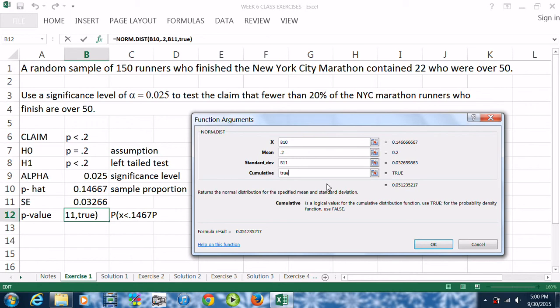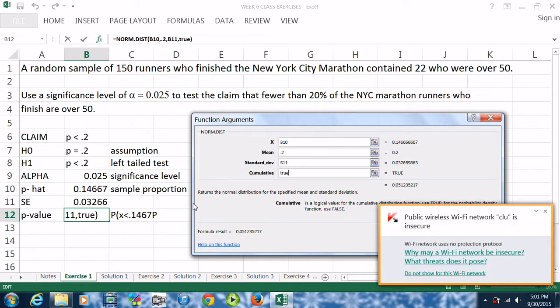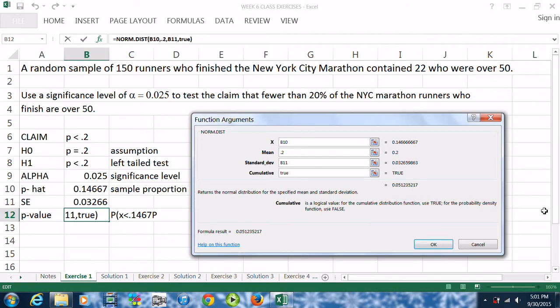So once again, we're finding the probability of being in the left tail, where the left tail is defined according to the sample proportion p-hat. When we want to find the area in the left tail, we have to use a norm dist. So x is our p-hat. The mean of the normal distribution is the assumed value from the null hypothesis.